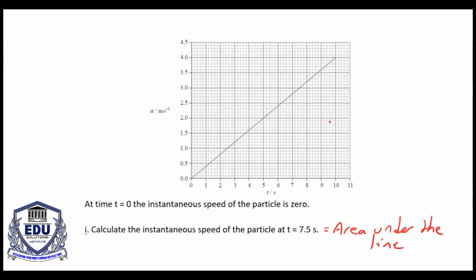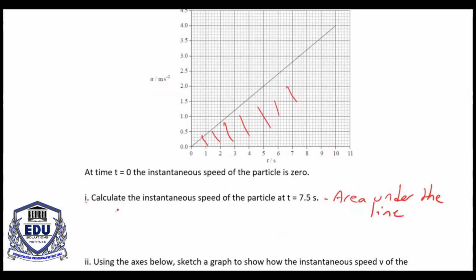We cut it right here at 7.5, right in the middle, where it's going to stop. We're going to find this area, which is a triangle.